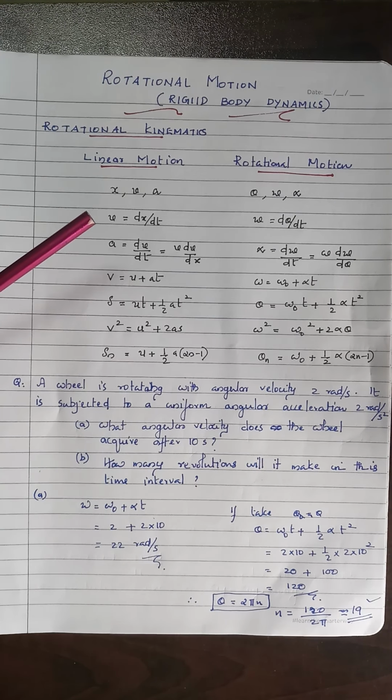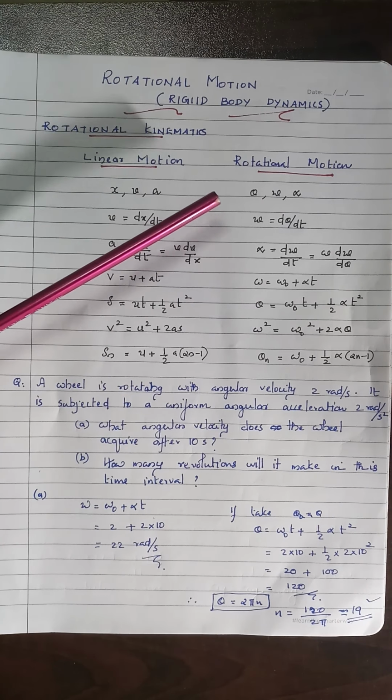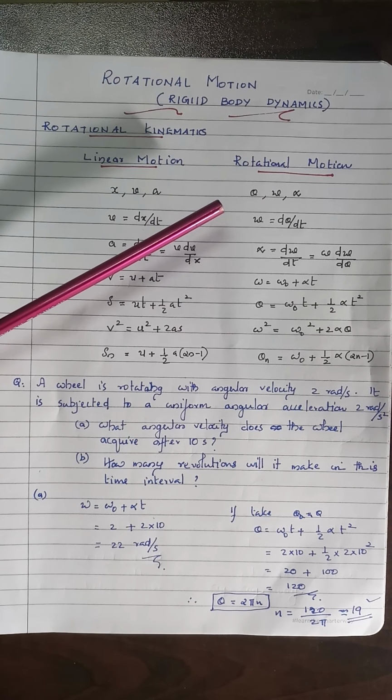So at first we can compare linear motion and rotational motion, especially the kinematic relations. In place of displacement, velocity and acceleration in linear motion, here we have the terms angular displacement, angular velocity and angular acceleration.